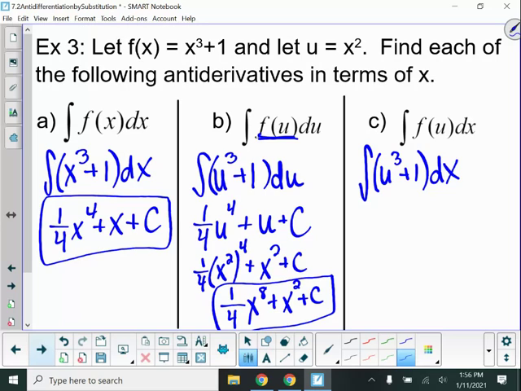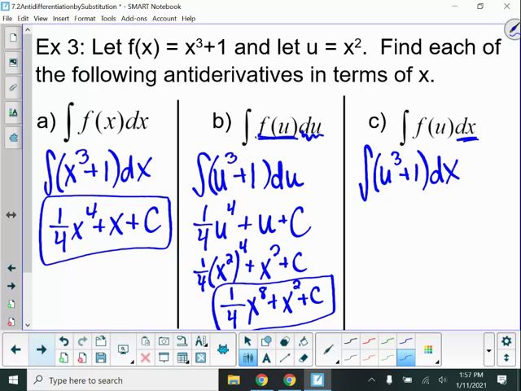Really, the d variable at the end, that is going to determine what variable everything else in the problem should be in terms of. So if there's a dx at the end, everything else is going to have to be in terms of x's. If there's a du at the end, like there was in part B, everything is going to have to be in terms of u.